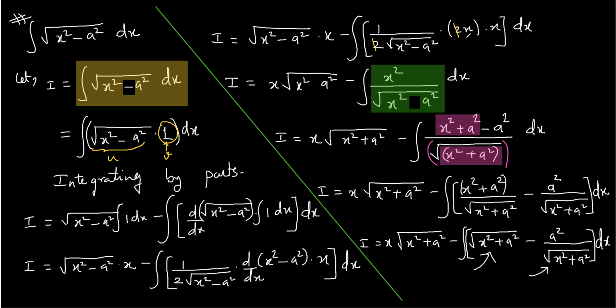So you will get 2x only. You remember when you had plus, it was 2x plus 0, so it hardly makes any difference. You still get 2x, and then the integral of 1 dx was x. Next step, this 2 cancels. You have x square minus a square here, and here also x square minus a square.